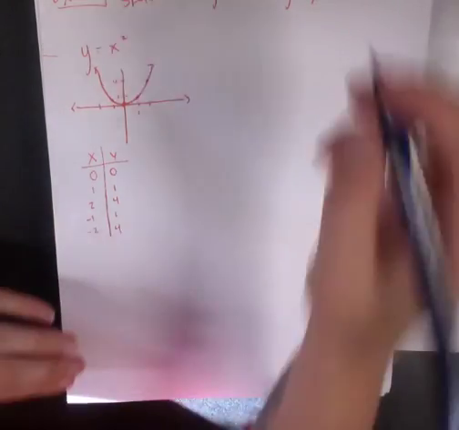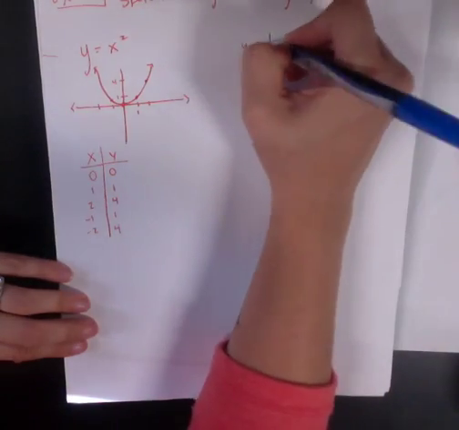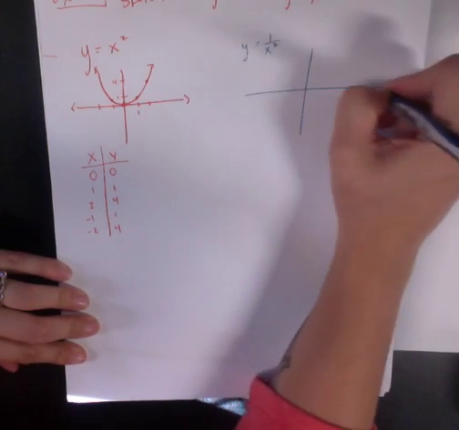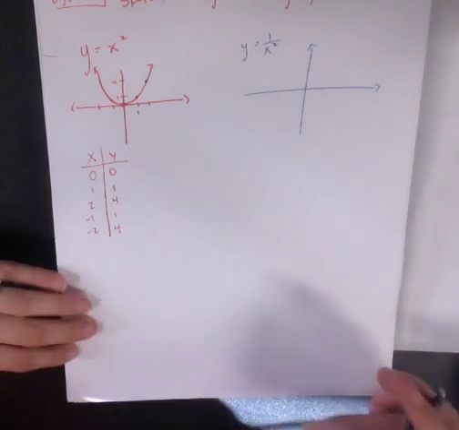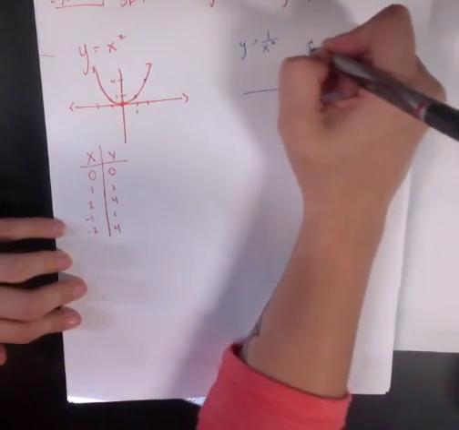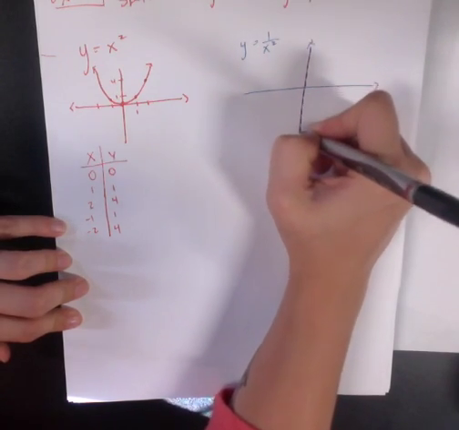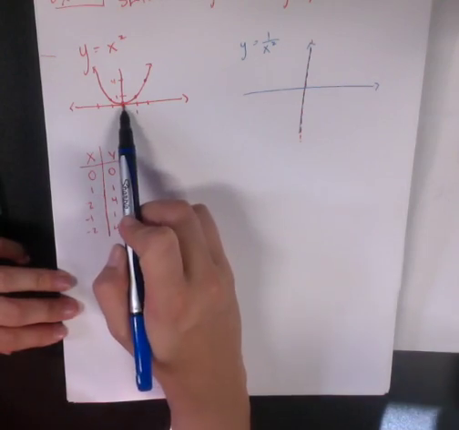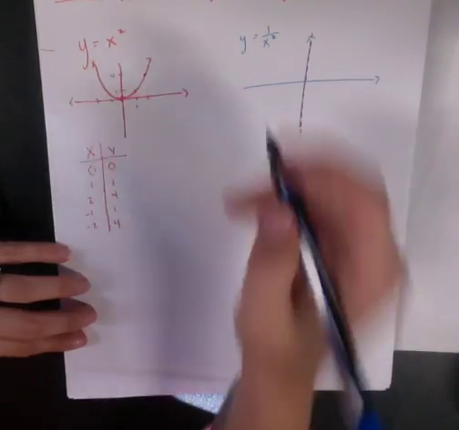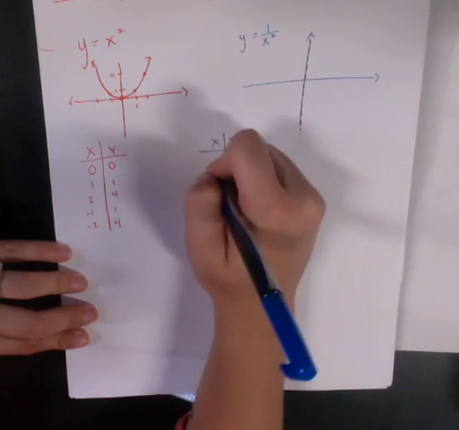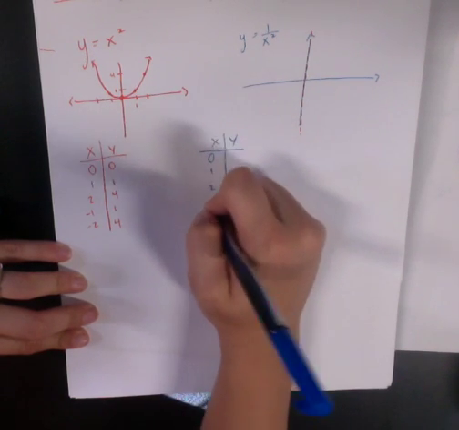Okay. Now my reciprocal, if y is 1 over x squared, now I know that, again, I'm going to have an asymptote right here along the y-axis because that's where my original function touched the x-axis. And I create my xy charts. I'm going to plug in the same points.